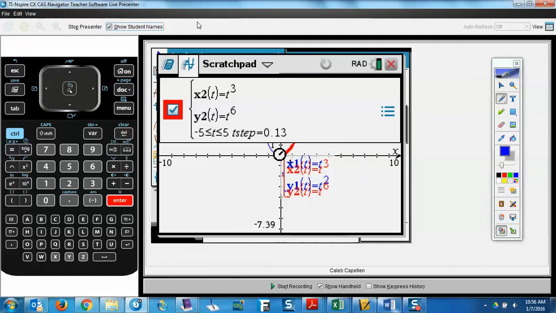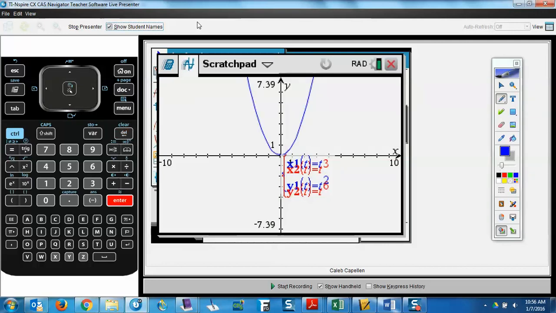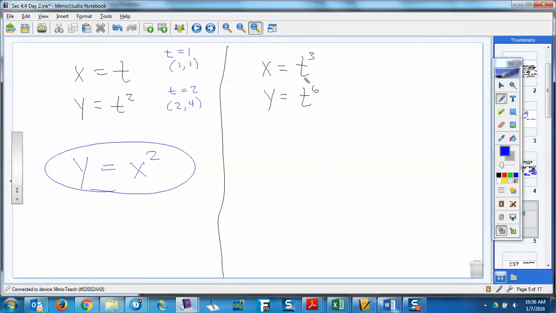Okay? All right. Now, what happened? Well, what's the picture look like? They're the same. Oh, but let's talk about substitution here.